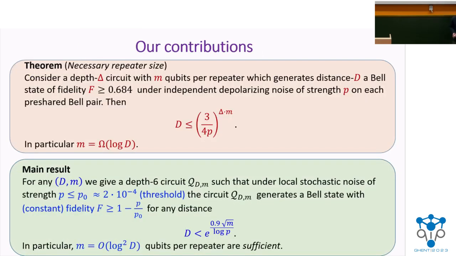So here is our main result for sufficient repeater size. Let's say we are given any distance d and the number of qubits per station m.